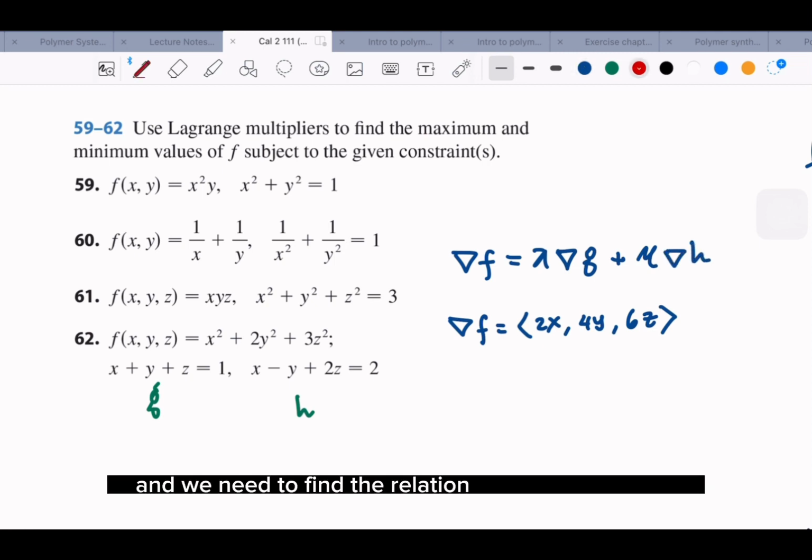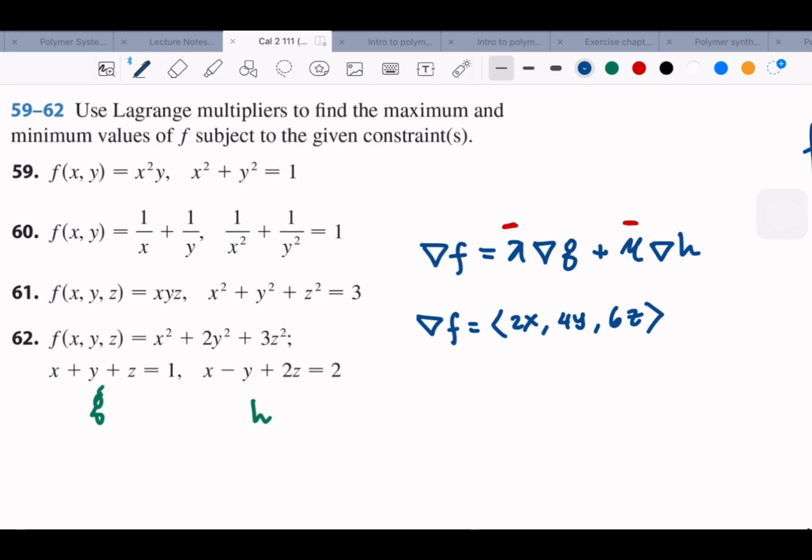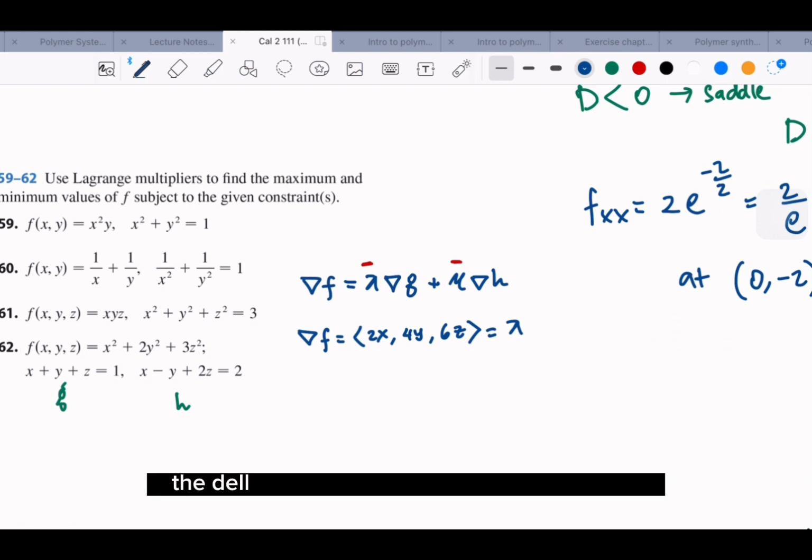We need to find the relation between these two, and somehow we can relate those two within these two parameters. So we could take directly here that this will be lambda multiplied with del g.